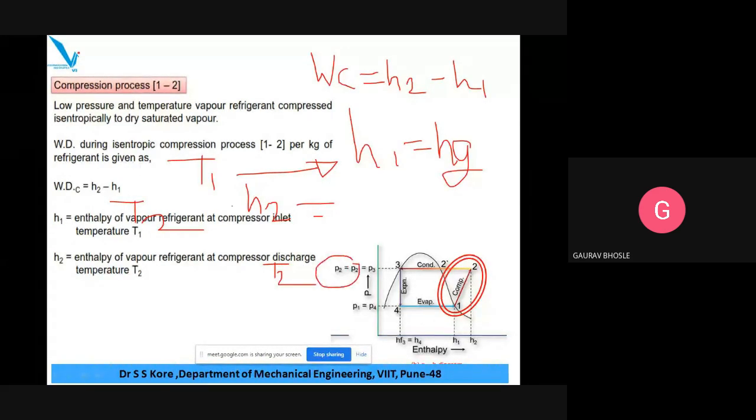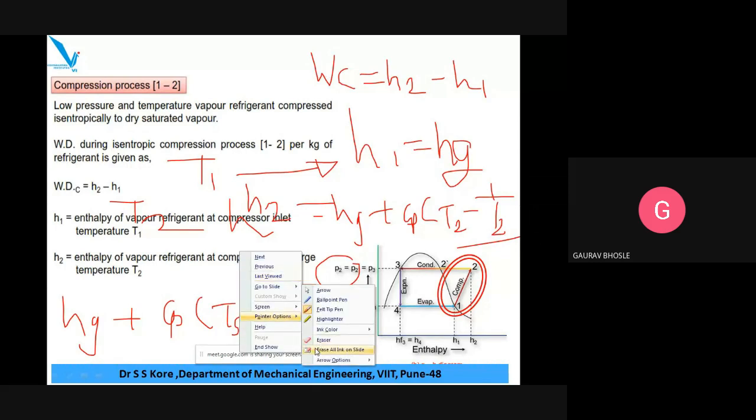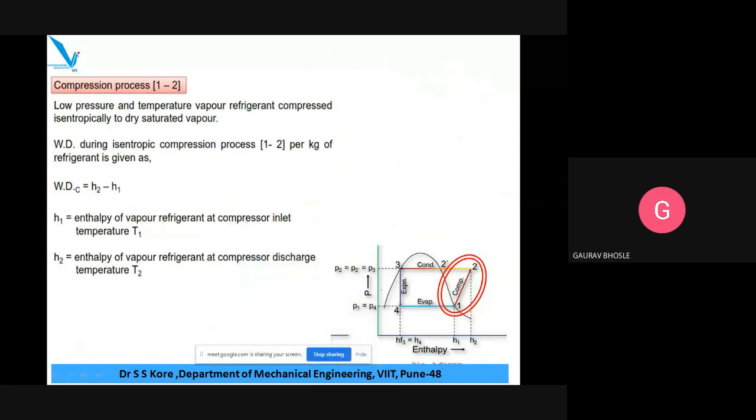At temperature T2, that is 30 degrees centigrade, it is Hg plus Cp into T2 minus T2 dash, or Hg plus Cp into T sup minus T sat. What is T sup? Superheated temperature. What is T sat? Saturation temperature. So from this we can find the compressor work.